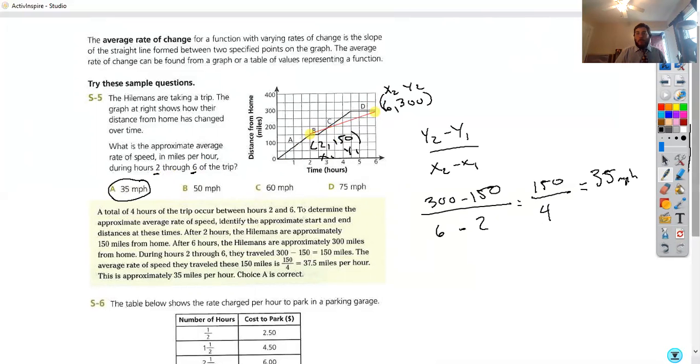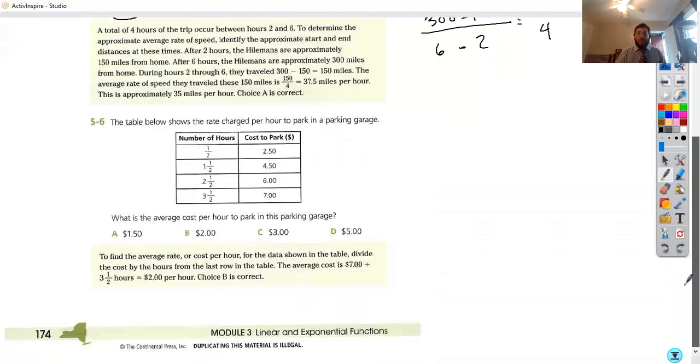All right, looking below. Below it says, the table below shows the rate of change per hour to park in a garage. What is the average cost per hour to park in this parking garage? So again, if we want to find the average cost per hour, we could take the total cost in this table, our y values, and divide it by the change in x value, because we did start right at 0 hours and you would start at $0 before you parked there.